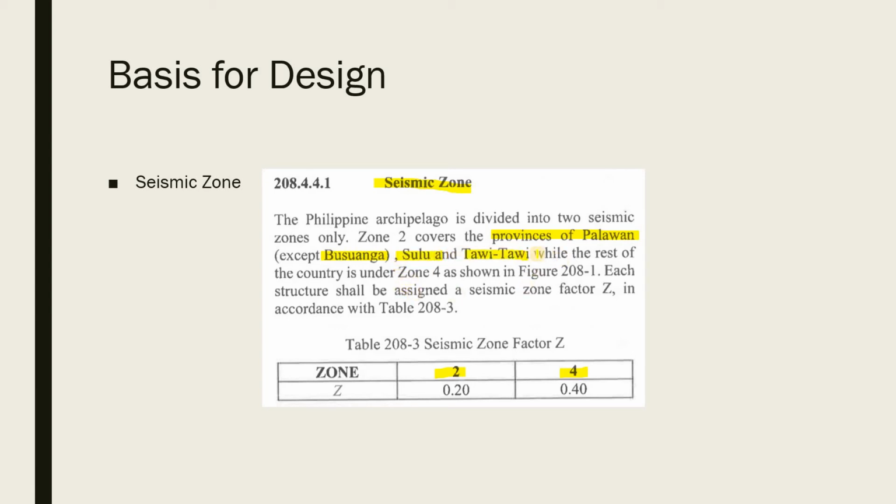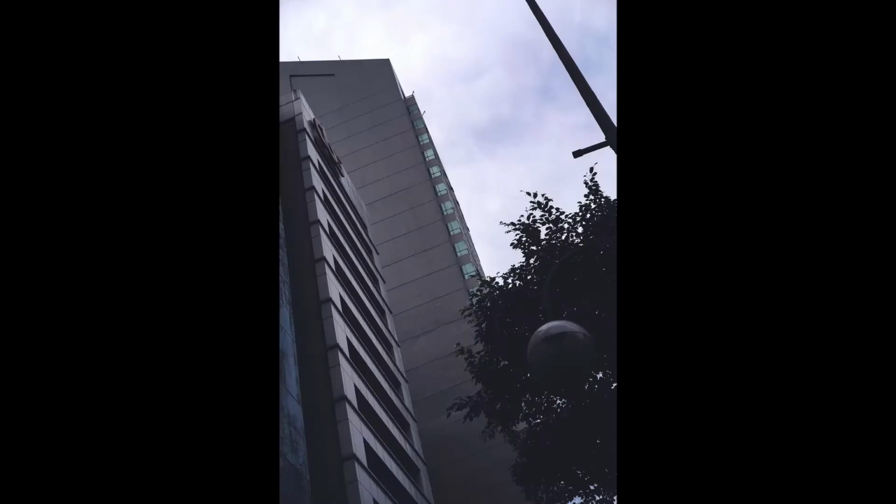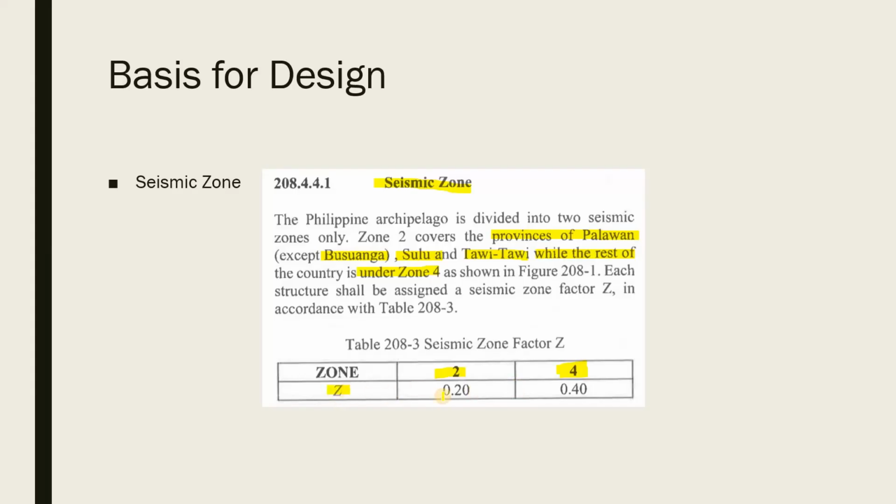While the rest of the country is under Zone 4. But as far as I know, sa next na printing ng ating NSCP, sa next na edition niya ay ang sabi ay Sulu and Tawi-Tawi will be included in Seismic Zone 4. Okay, so ito yung ating Zone Z. Sa Zone 2, we have 0.2. Sa Zone 4, we have 0.4.